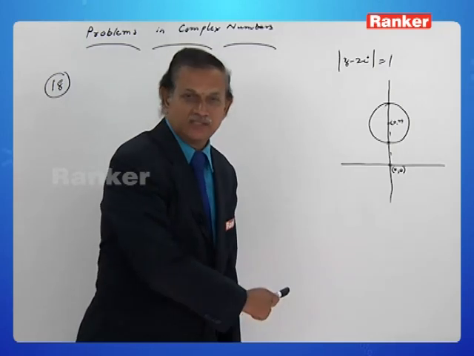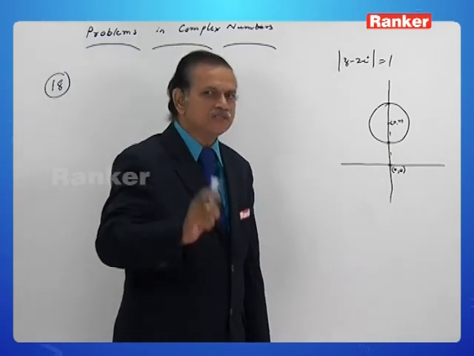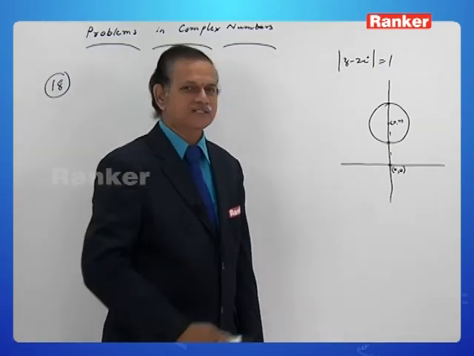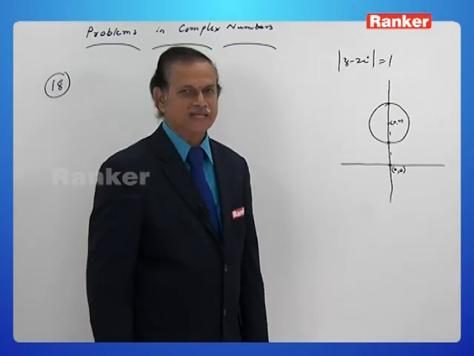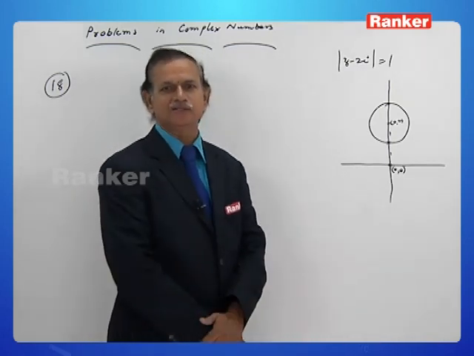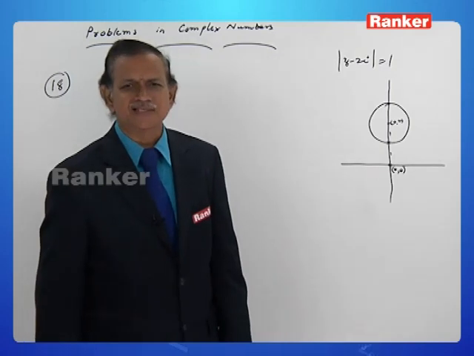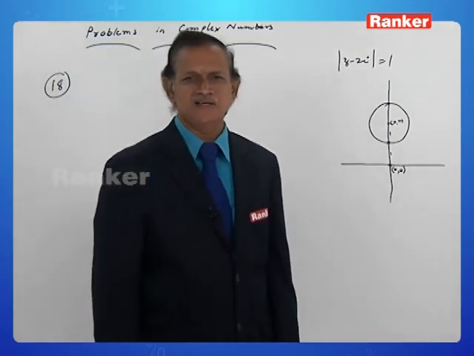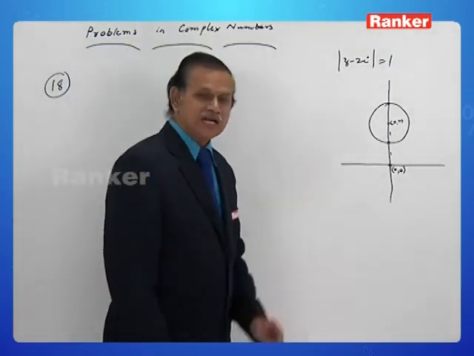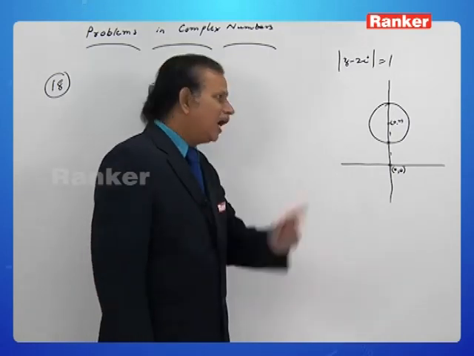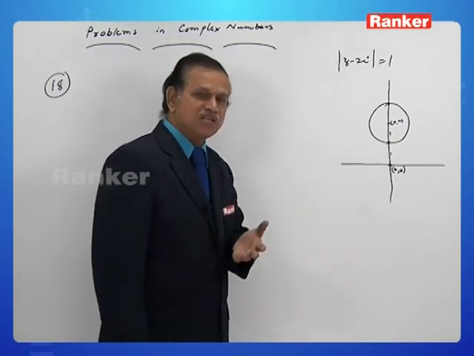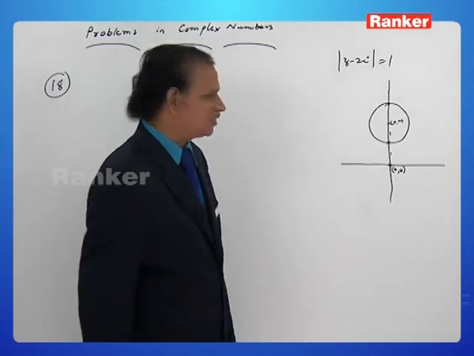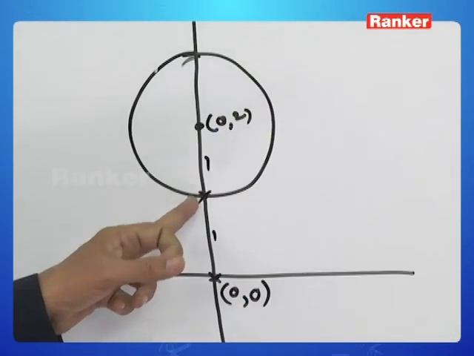Besides that, he has given us another useful information about z. What is that? And has the least modulus. What do you mean by modulus? It is just nothing but the distance from origin, isn't it? So, what is that point on the circle which is the nearest from origin? Come on, it is just nothing but this.